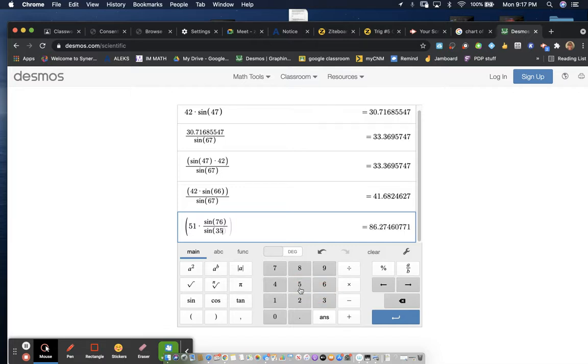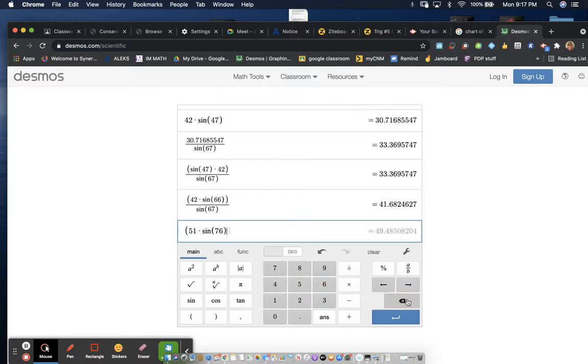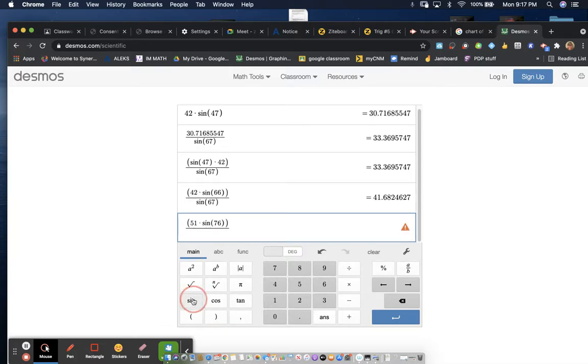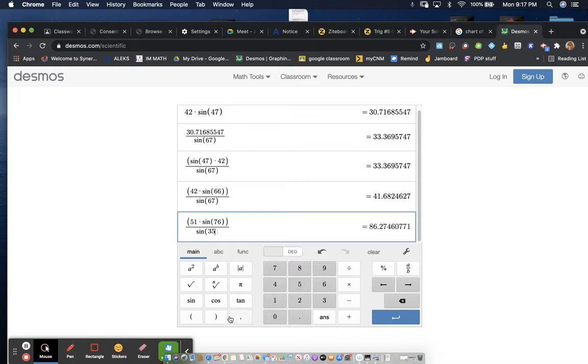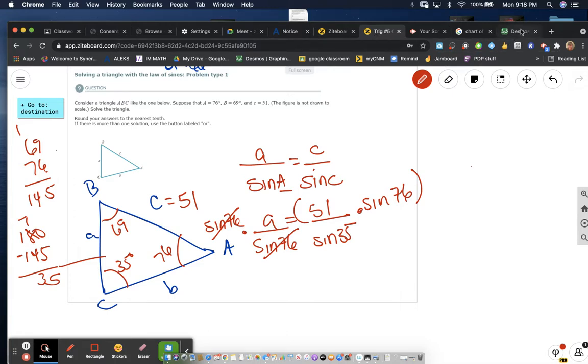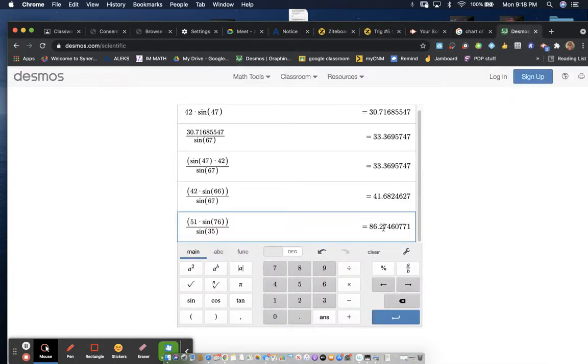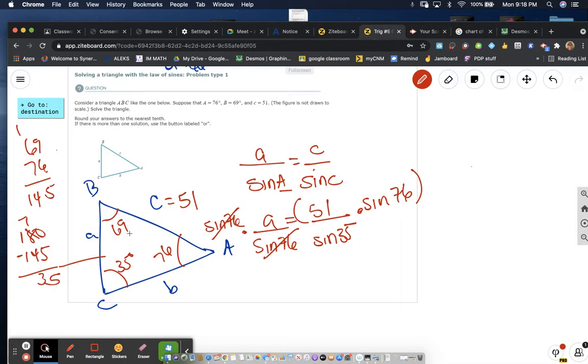Whoa, I did not do that right. See how I didn't close off my parentheses? That's why I have to do that. Close off your parentheses. Sine 35. Okay, that's correct. And we got 86.3.